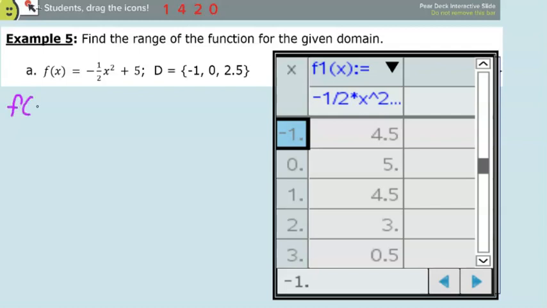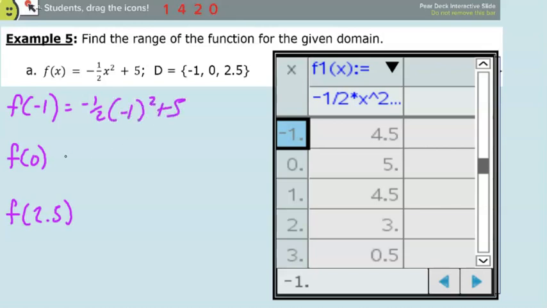So we're going to find f of negative 1, f of 0, and f of 2.5. And from there, you can just use a calculator to type in just the expression part. Don't type in the f of x equals part.